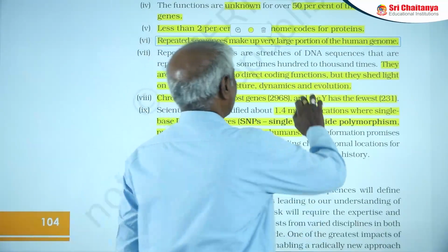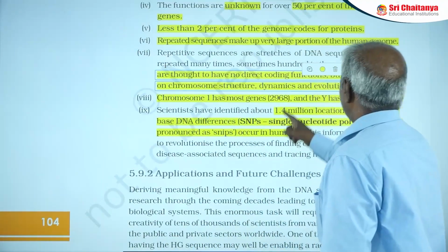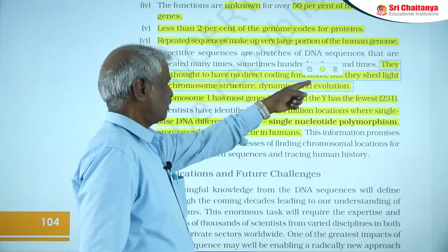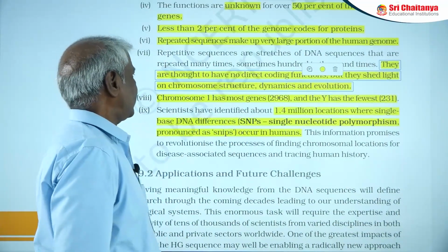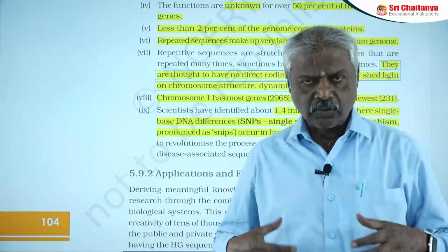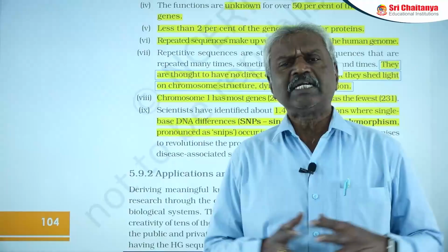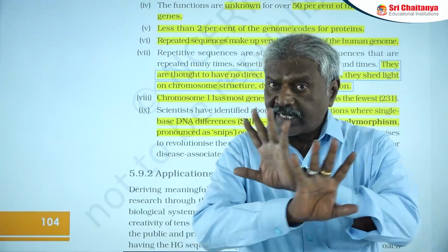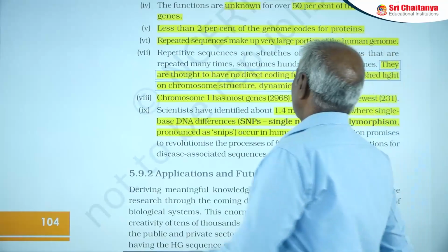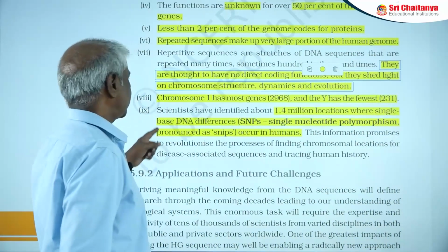They have no coding function. But one point is present here: they shed light on chromosome structure, dynamics and evolution. So in our genome, the major portion is repetitive sequences. They have no direct coding function and are not genes, but they shed light on chromosome structure, dynamics and evolution.